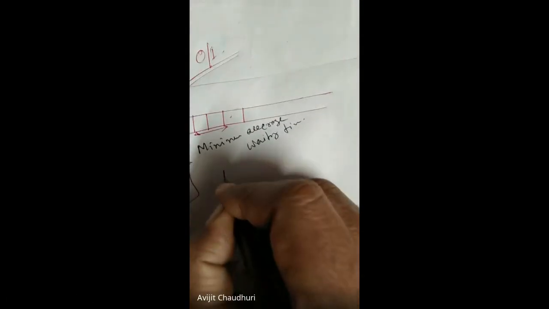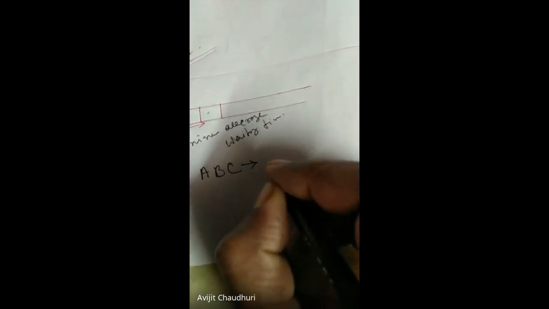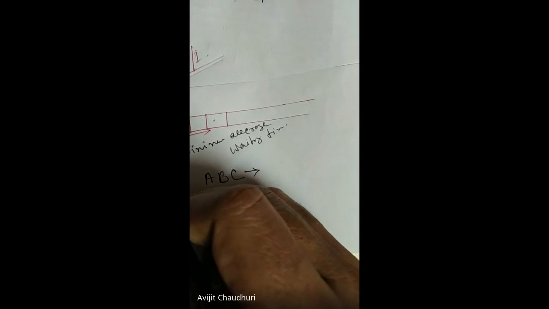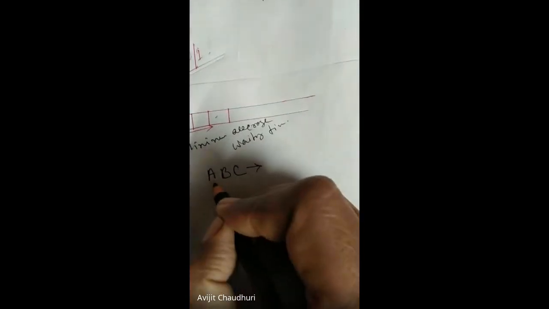Minimum average waiting time. So suppose I am arranging it in ABC order. At the same time, A, B, and C come into the system, and so here the waiting time will be, first, the waiting time for A. It comes to the system and is immediately allocated.